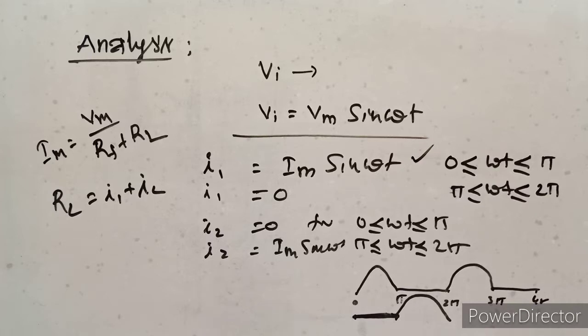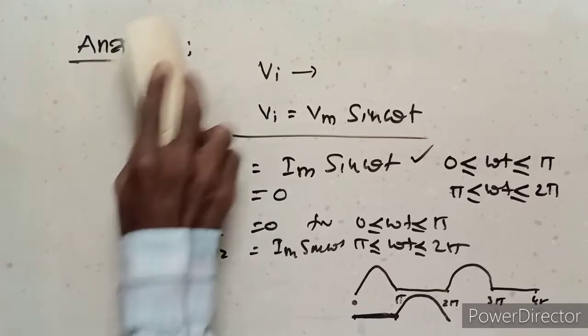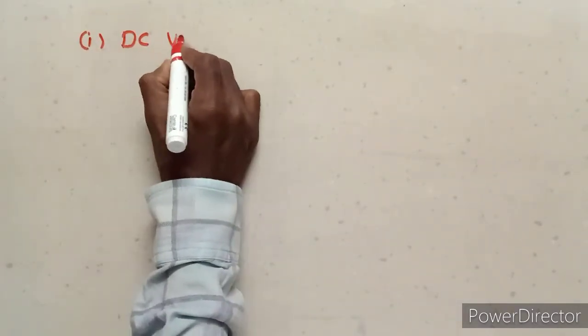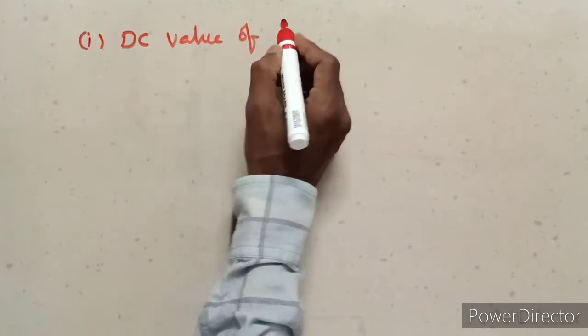Next, we have to find the parameters of the full wave rectifier. The first parameter is the DC value of current.